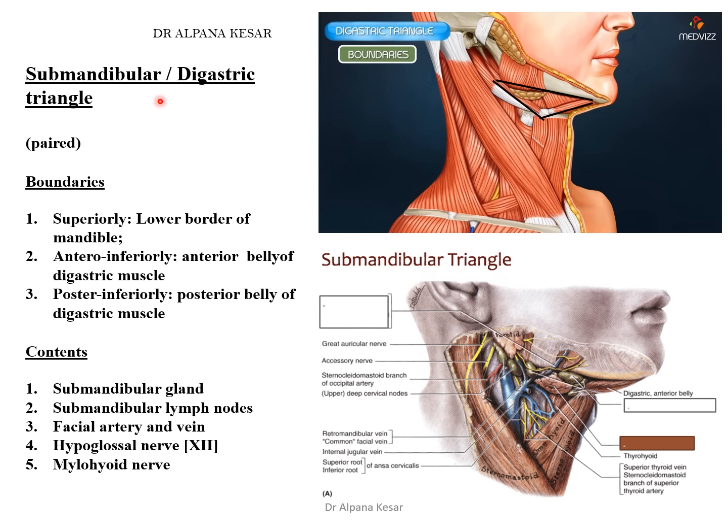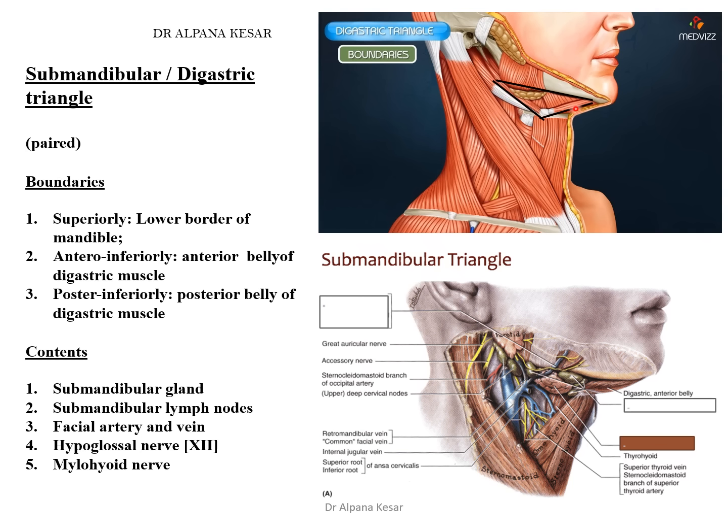Submandibular triangle, also known as digastric triangle. This is the submandibular triangle. It is also called digastric triangle. It is a paired triangle with one triangle on each side. It has a superior boundary and two inferior boundaries.